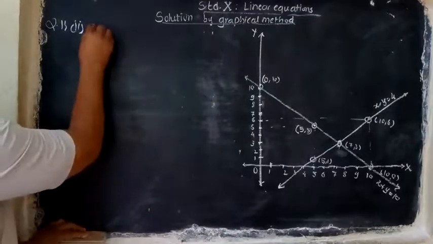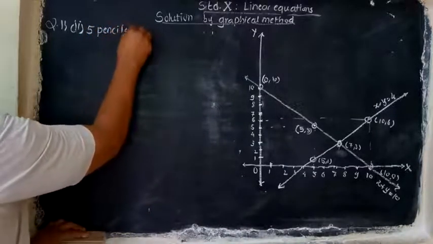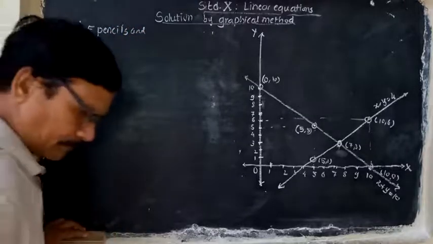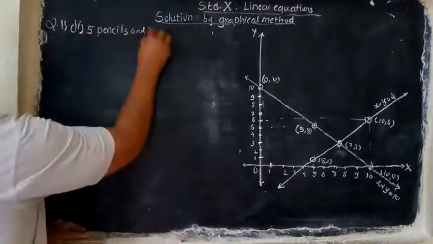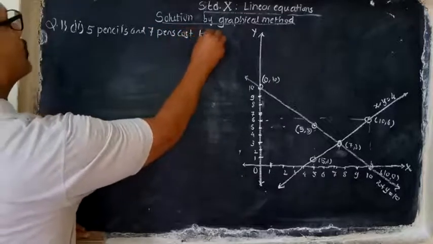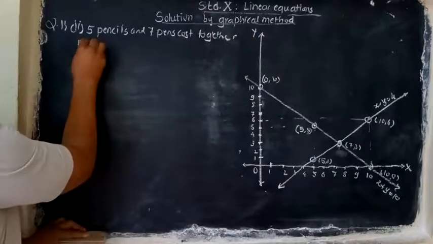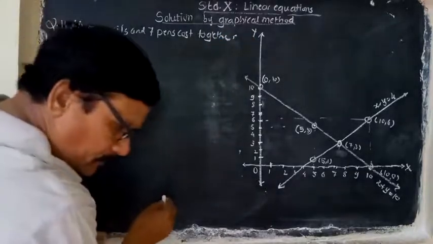5 pencils and 7 pens cost together rupees 50.